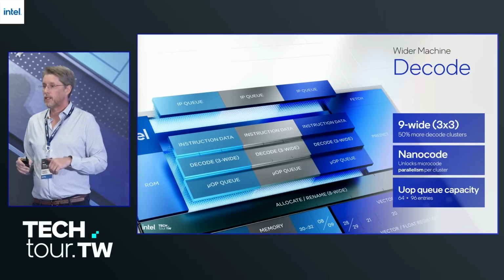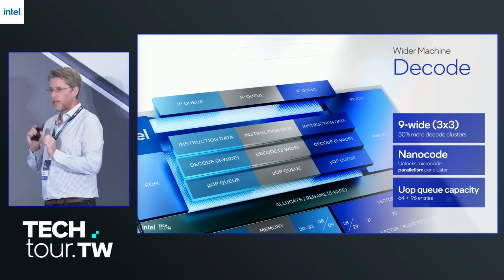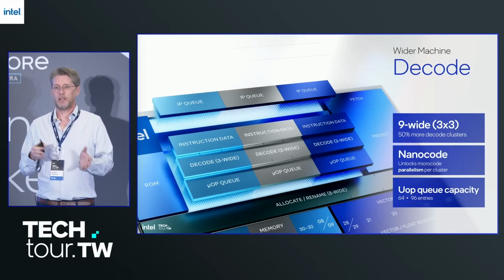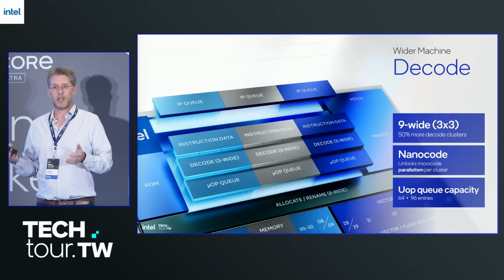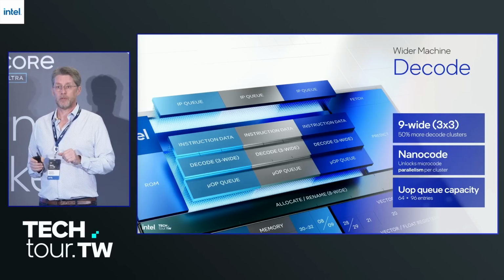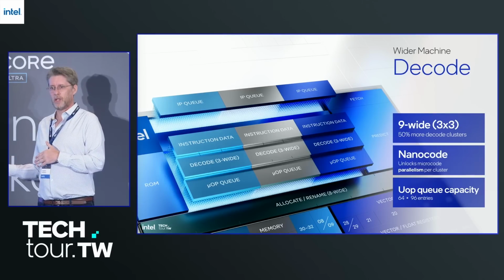So what we've done in Skymont is we've introduced what we call nanocode. So microcode, nanocode. Nanocode is where we put decoders in the clusters that can generate UOPs for common and certain specific microcode flows. So what this does is this allows us to continue doing that decoding in parallel.